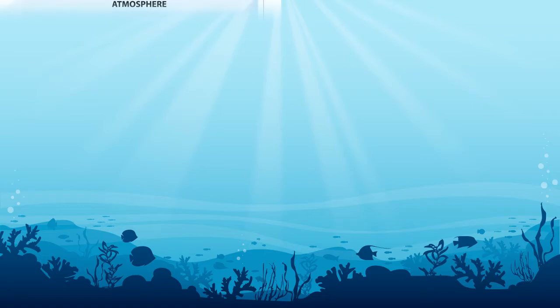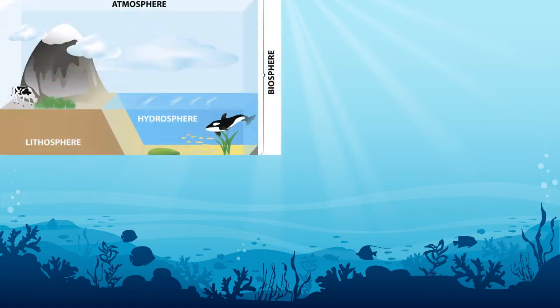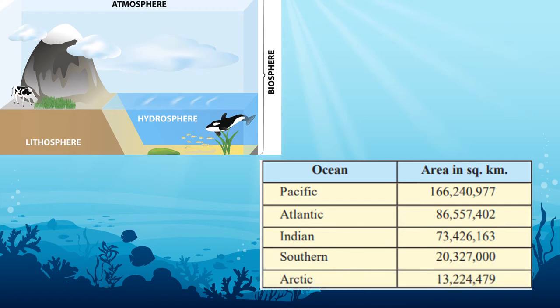In the previous standard, we have studied the lithosphere and hydrosphere of the Earth, the proportion of land and water on Earth, and also the major oceans. Note the area of each ocean given in the following table.